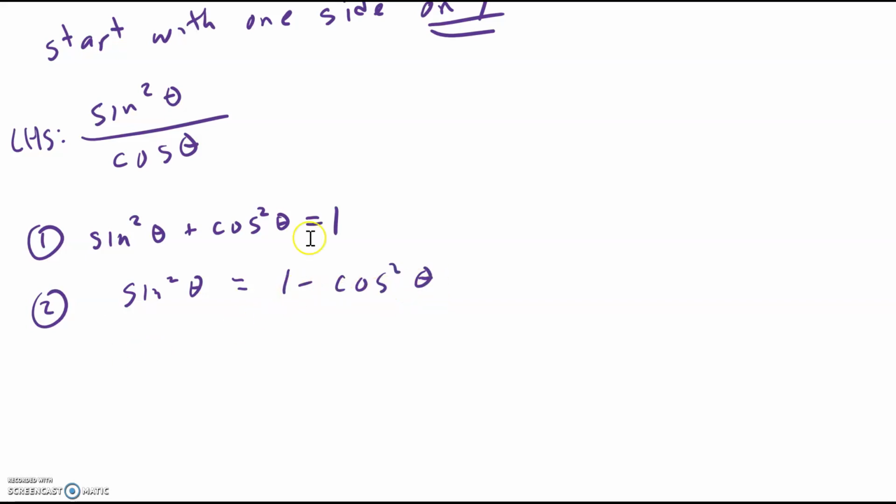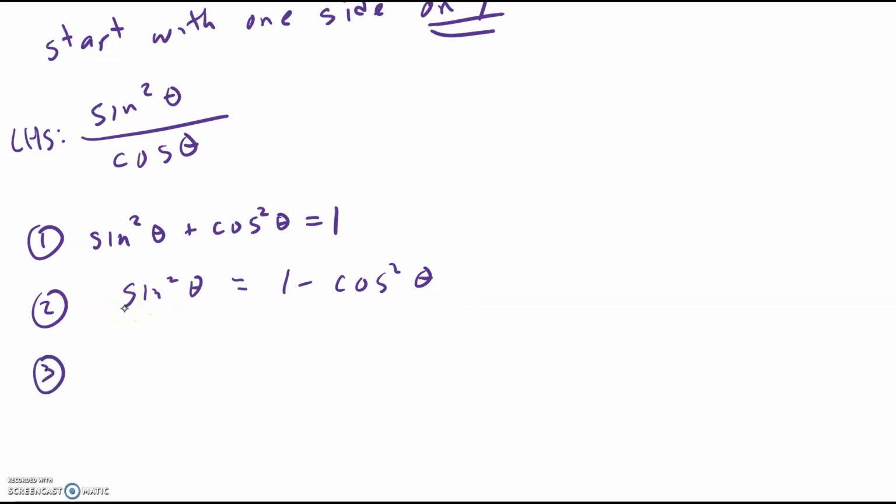That I can do because I'm starting with something that's known to be true. So if something's known to be equal, then you can move things around, do stuff to both sides to your heart's content.